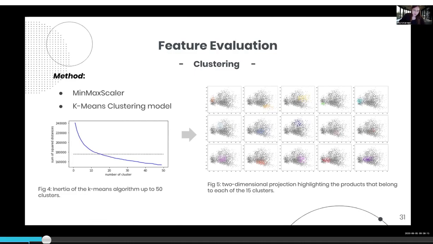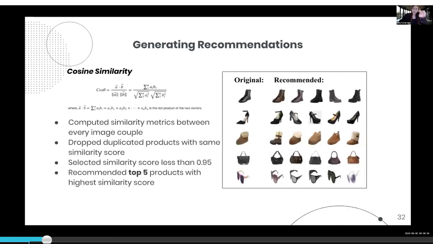Although it is challenging to determine where the error occurs, we finally settled on 15 clusters. The picture on the right shows the products in each cluster in a 2-dimensional projection. We also used TensorBoard to visualize 3-dimensional embeddings, where we can see the clusters of images more clearly. We will show this later in the demo.